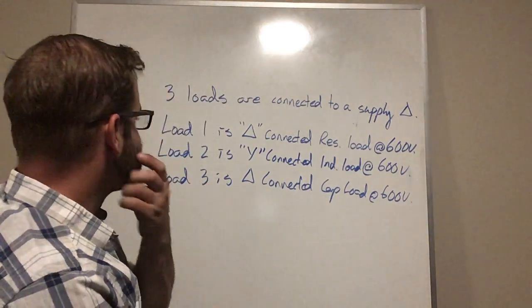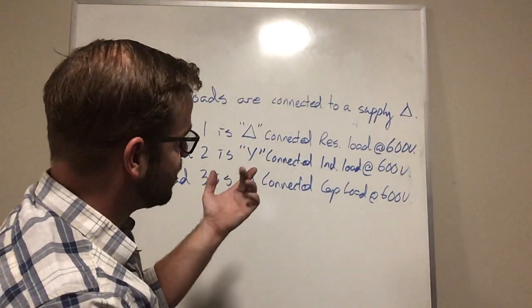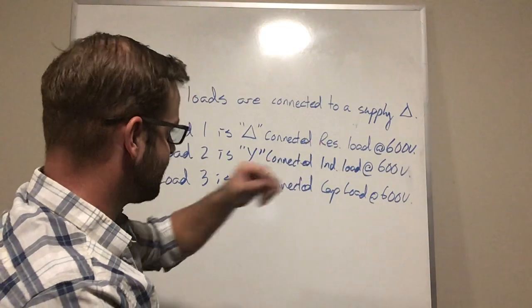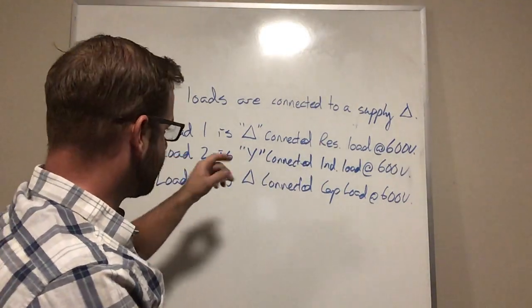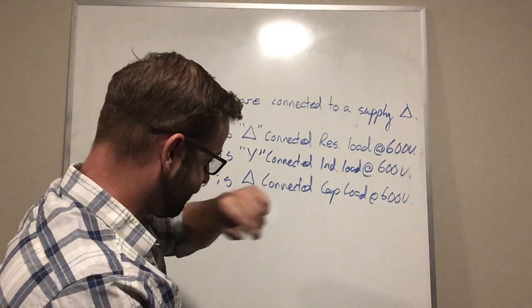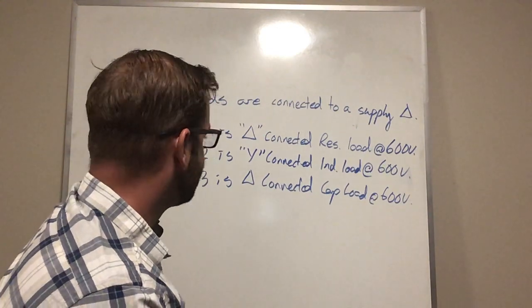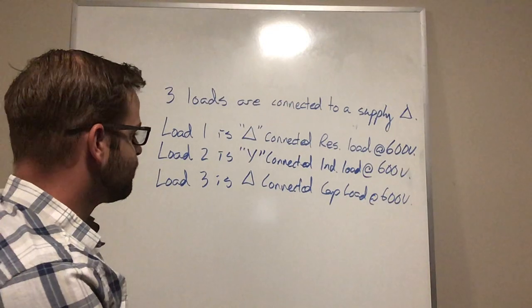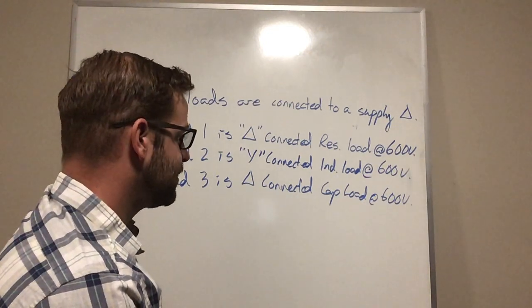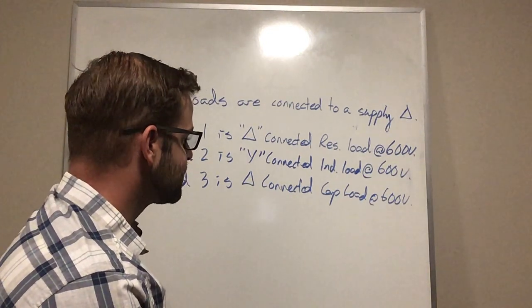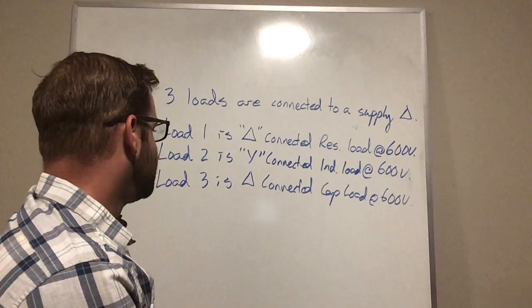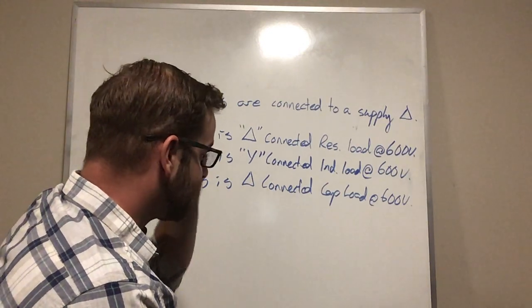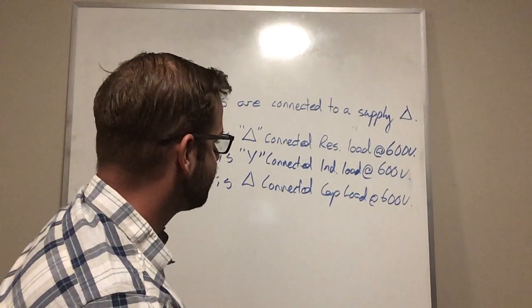phase values. So I've got 3 loads connected to a supply. The supply is in delta. Load number 1 is a delta connected resistive load, 600 volts in the line. Load 2 is Y connected and it's inductive at 600 volts. Load 3 is a connected capacitive load, 600 volts.